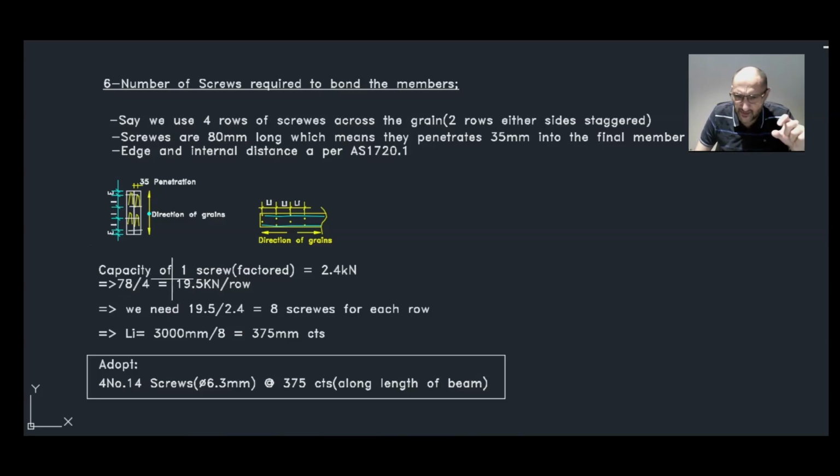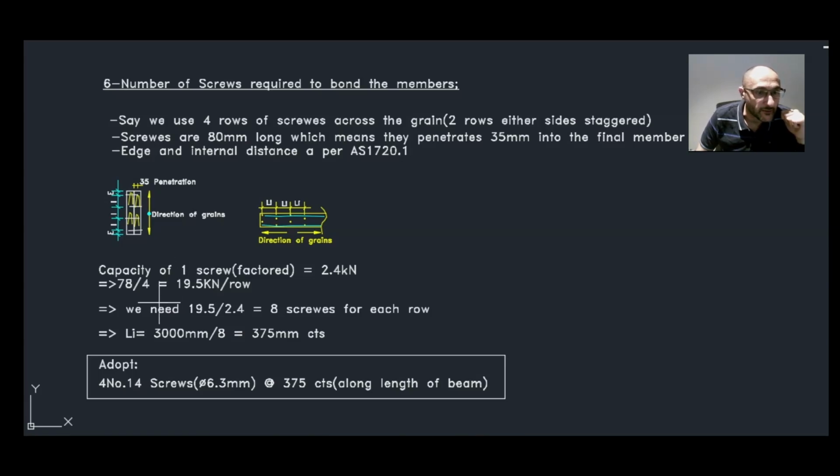The minimum depth of the edge distance is 5 times D, where D is the screw shank diameter. And I think the minimum distance across the grain is 3D, 3 times D. And along the length of the grain is 10D. So yeah, double check that as well.